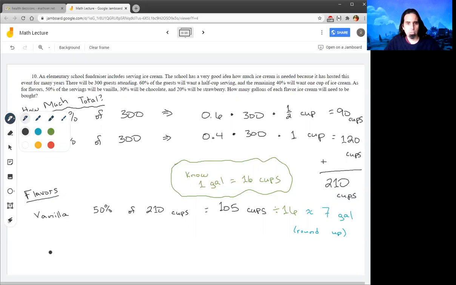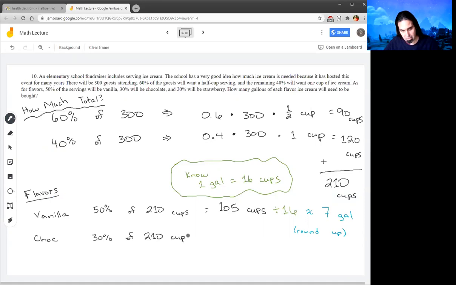Okay, next flavor, chocolate. That's 30% of the 210 cups. So 0.3 from the 30% of becomes times 210.